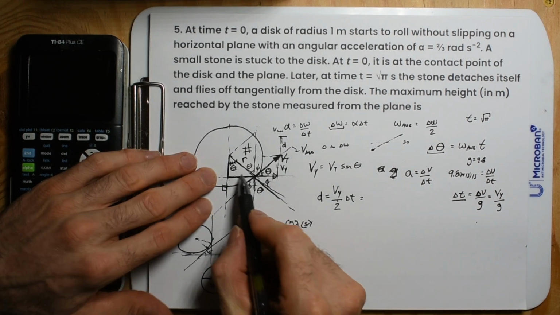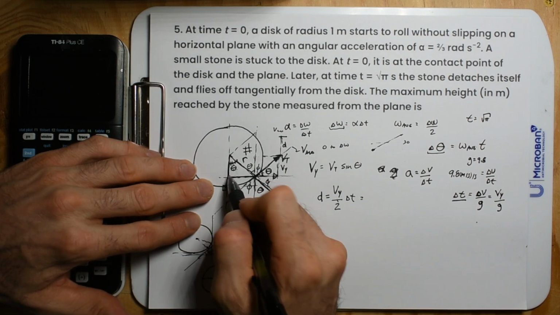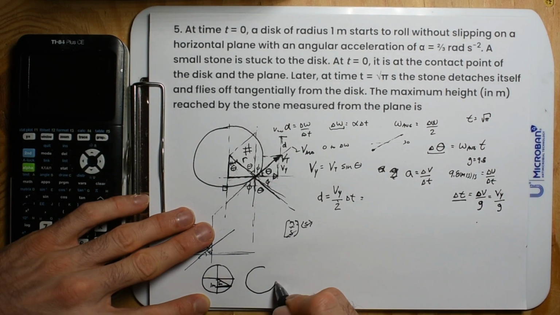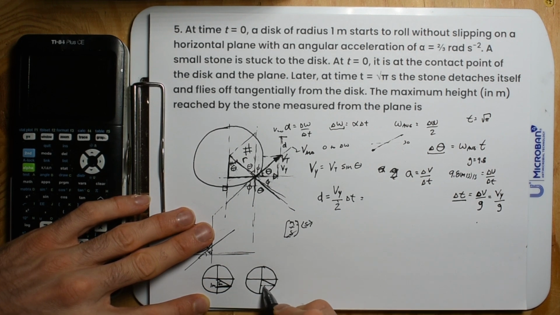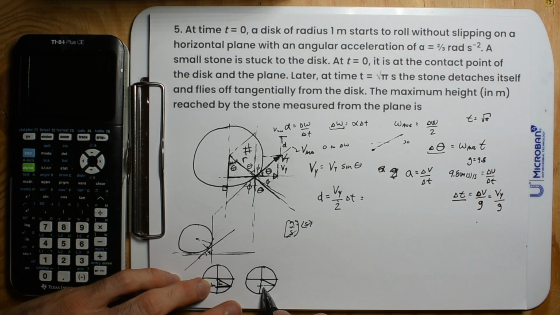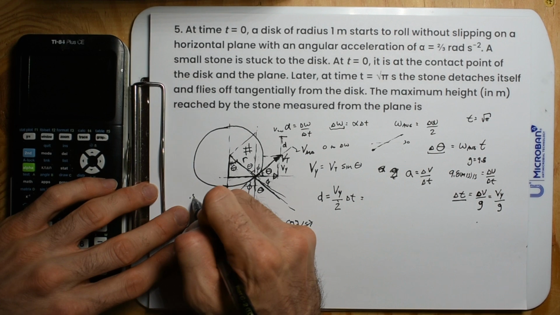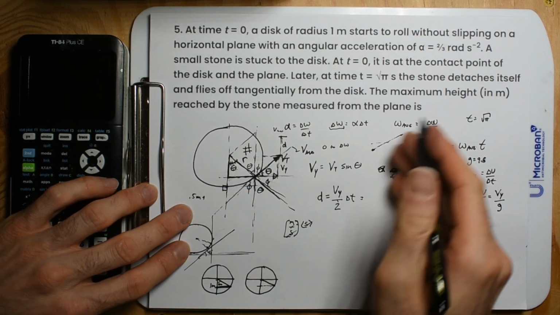Well, that's just 0.5. I know this is drawn horribly, but this should be identical to halfway. So if we get to 60 degrees, this is the halfway point. So just in general, our answer should be 0.5 meters plus whatever extra distance.